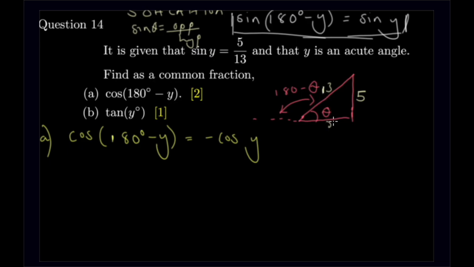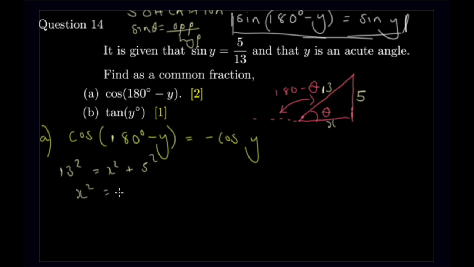So you also have to find x here. So let's quickly find x. I use Pythagoras theorem. So to make it easier for you, you say 13 squared, which is the hypotenuse, equals x squared plus 5 squared.